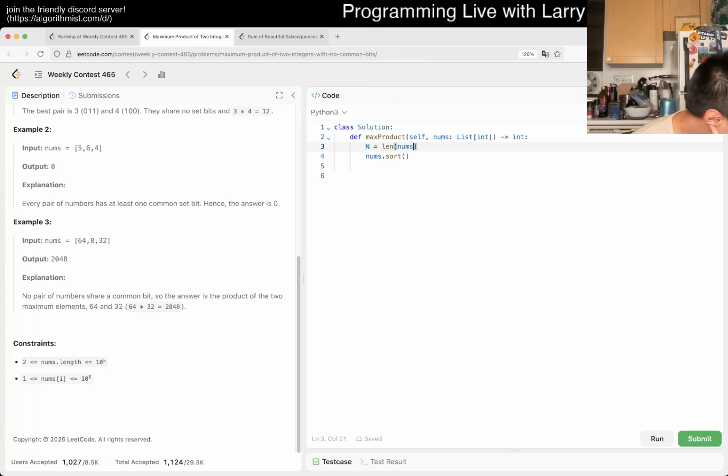DP. What's 10 to the 6 again? 10 to the 6 is a million, so 20. So each one. No, each one doing a million is too slow. What are you doing?